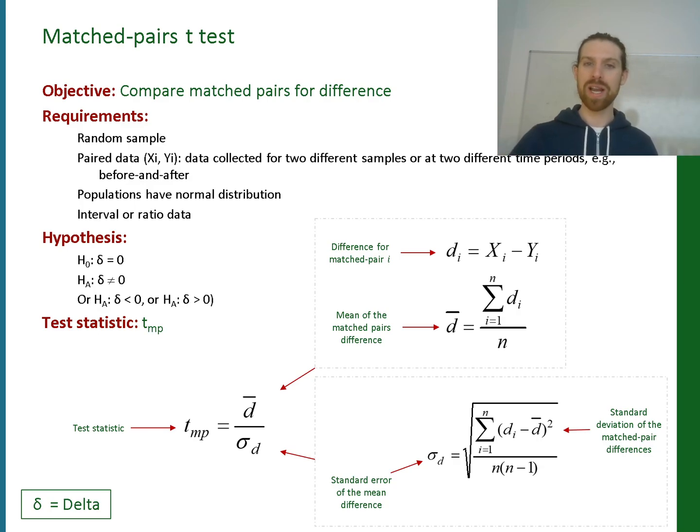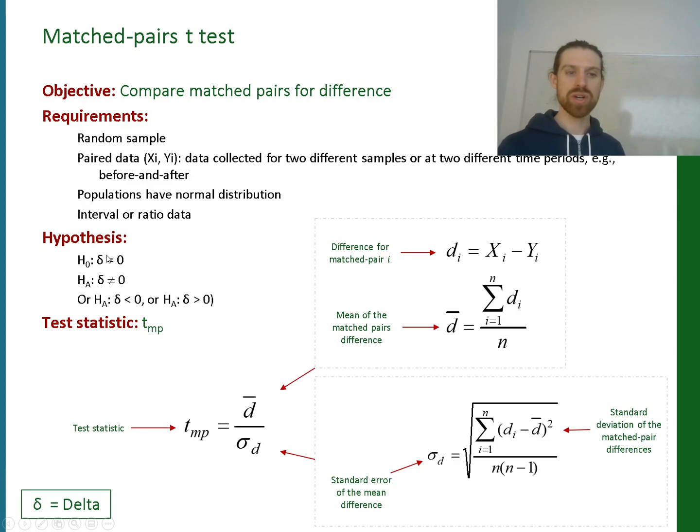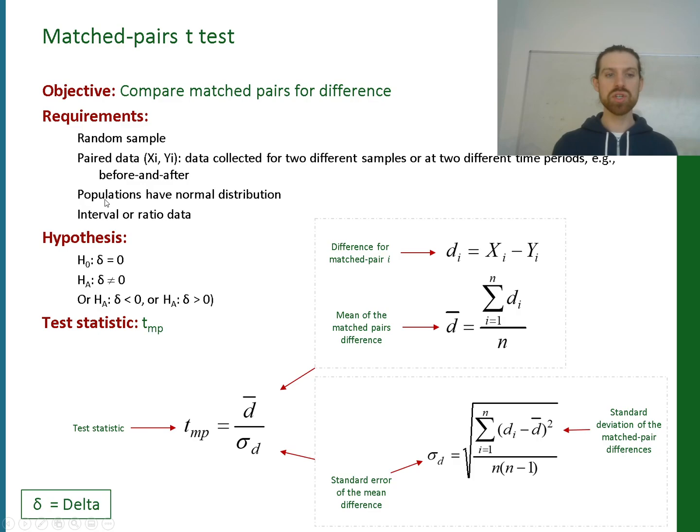We assume that the populations are normally distributed because this is a parametric test, a Gaussian-based approach. And because we're focusing on continuous means here, we need the data to be interval or ratio data type. So for the hypothesis, we're interested in delta. Delta is always the measure of change in math. If you did physics, for example, remember that delta often refers to the change in the speed of a vehicle.